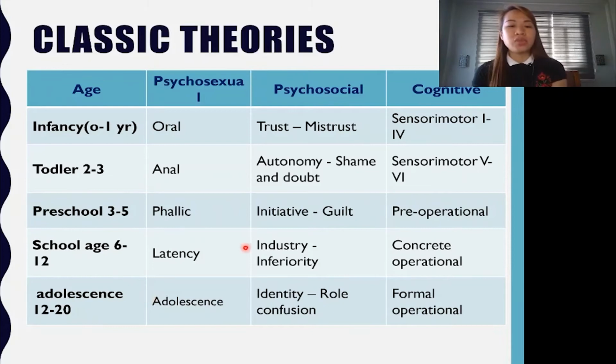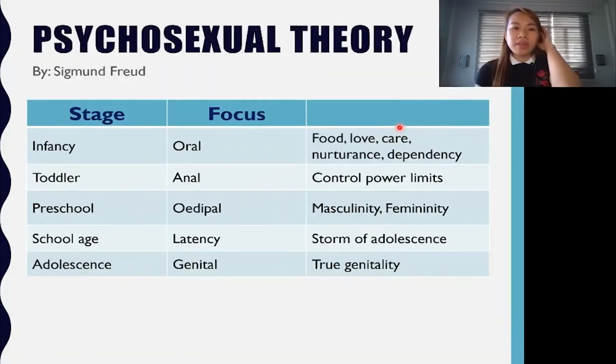Same with psychosocial. So, iba't iba rin. And we're going to discuss this individually, but I want you to understand on this stage that for infancy, meron siyang psychosexual theory that is oral. At psychosocial, meron tayong trust and mistrust, and cognitive naman is sensory motor 1 to 4. So let's talk about them individually.